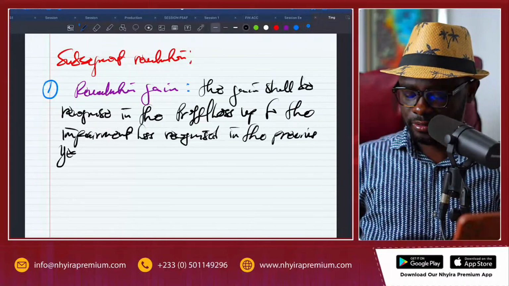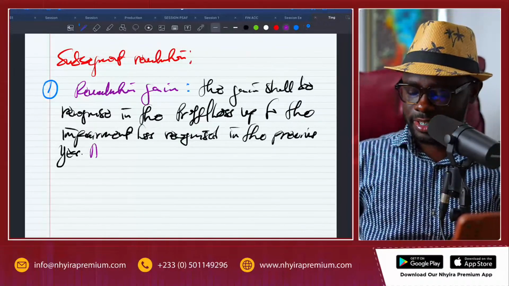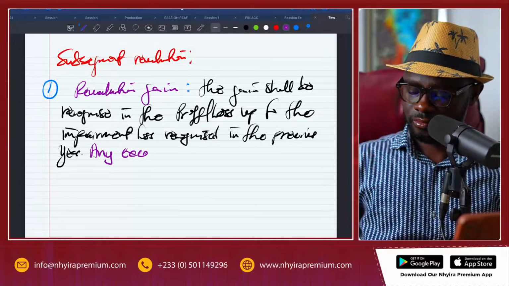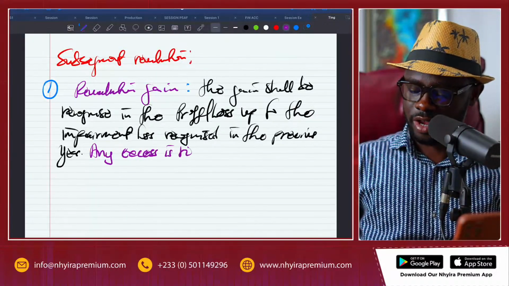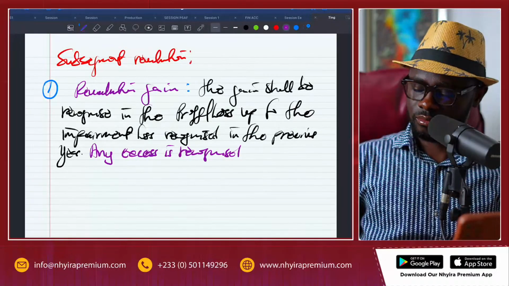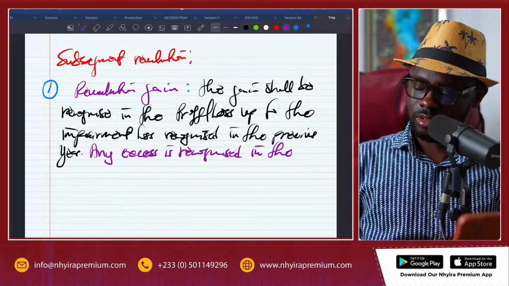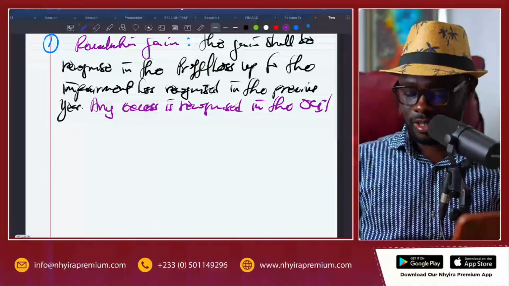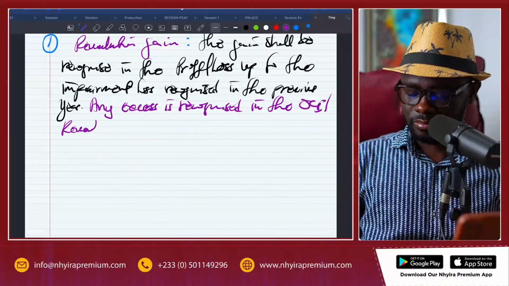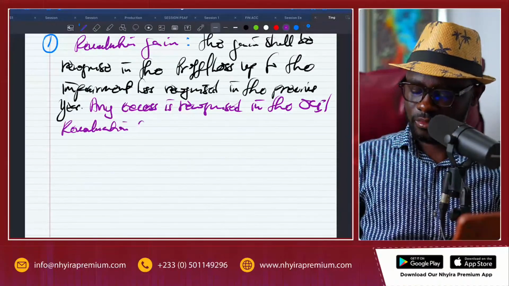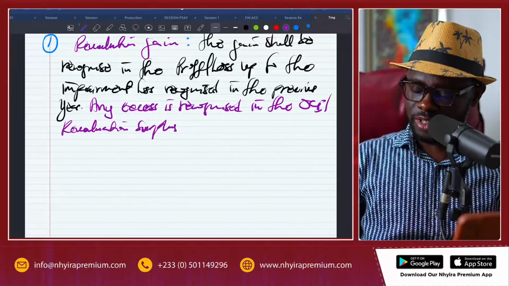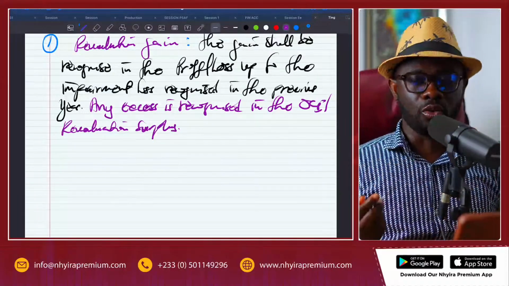Then any excess is recognized in the OCI and revaluation surplus. This is the principle. So what does that mean?